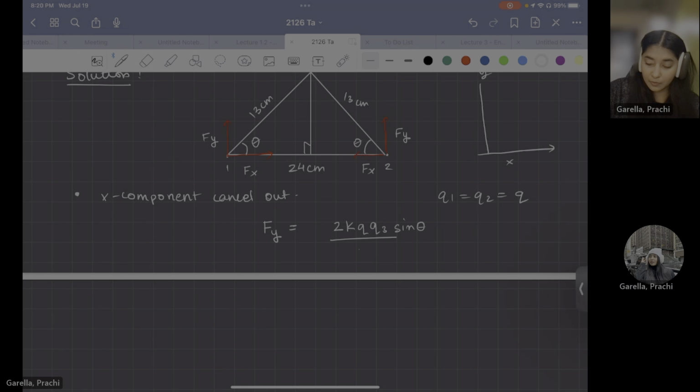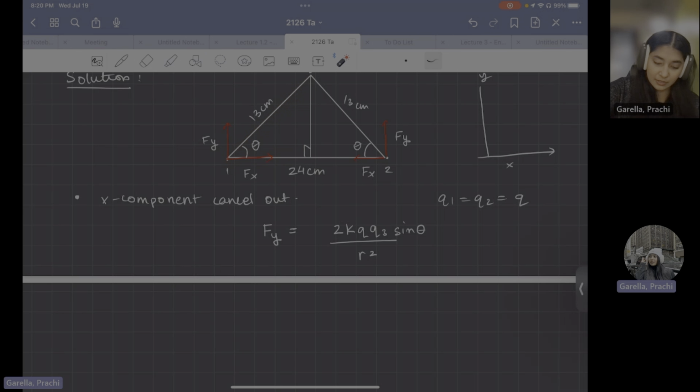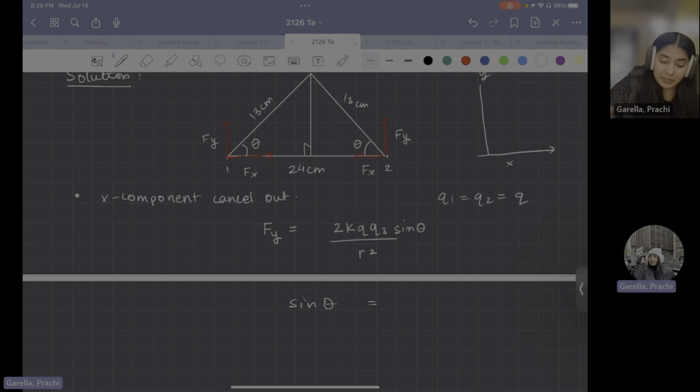Now, how do we find this sine theta? Like I said, we now have a right angle triangle, so sine theta is just perpendicular over hypotenuse. How do we find the perpendicular?